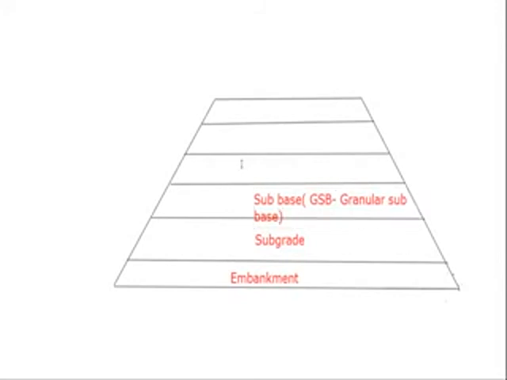The top width, that is the bituminous concrete, for 2 lanes will usually be 7 to 7.5 meters. You can see here how the construction is done. Initially the width is more. That is the load. You can see here, I will just show.